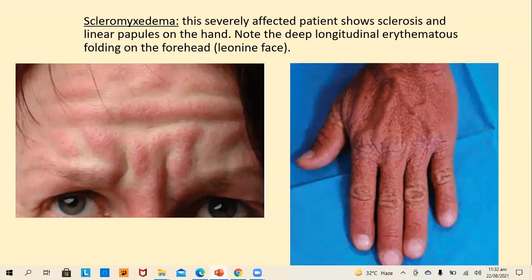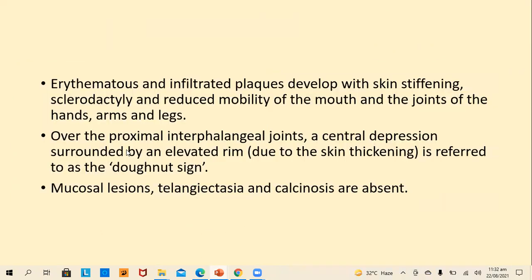So the severely affected patients show sclerosis and linear papules on the hands. The deep longitudinal folding on the face is obvious, and this is giving the leonine appearance.